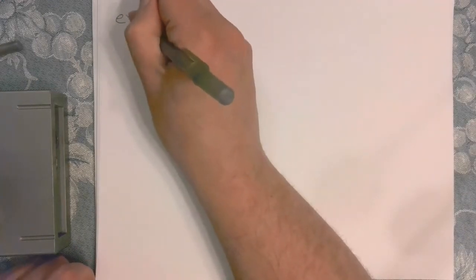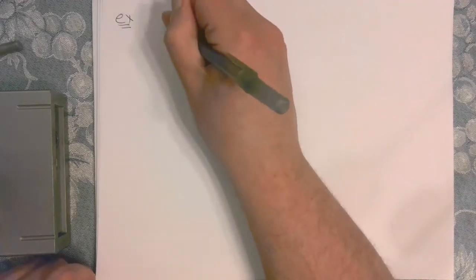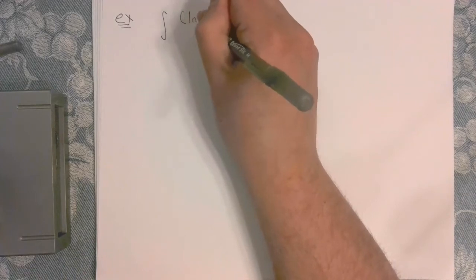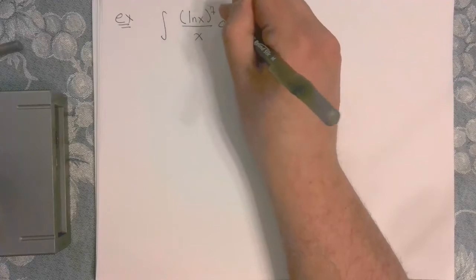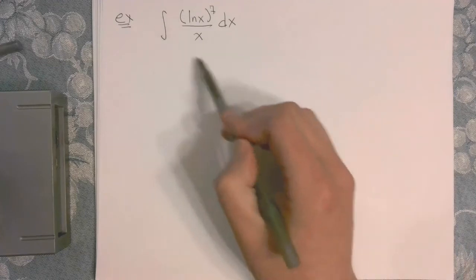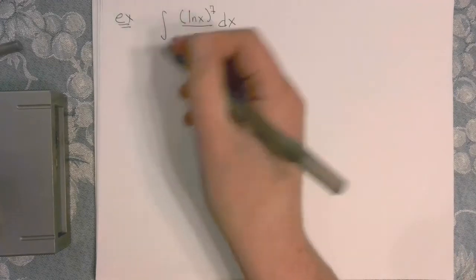Okay, so let's try this. Let's say we've got the integral of the quantity ln of x to the 7th all over x dx. Now, if you're a little bit confused by this, remember you can always rewrite that, right?